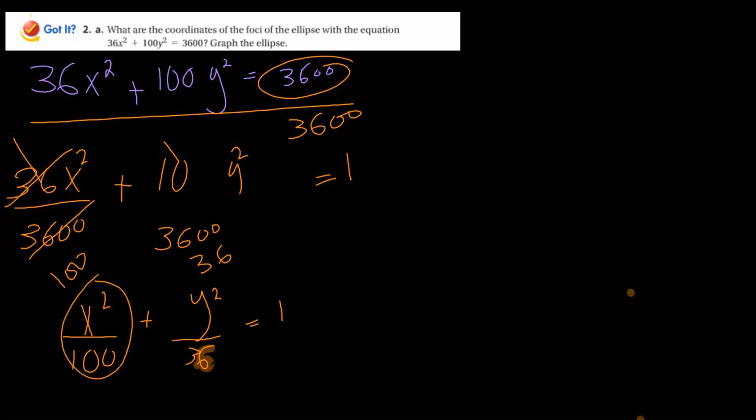So I'm talking about a horizontal ellipse. Is it right? Yes. So now let's write the equation here: x squared over 100 plus y squared over 36 equals 1.